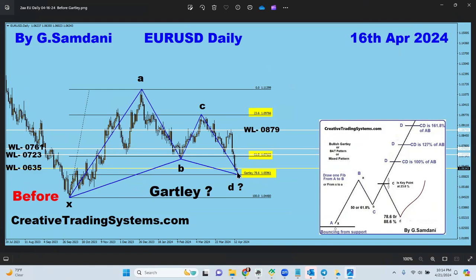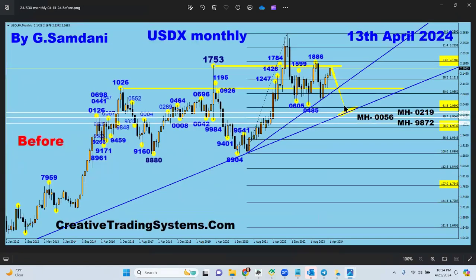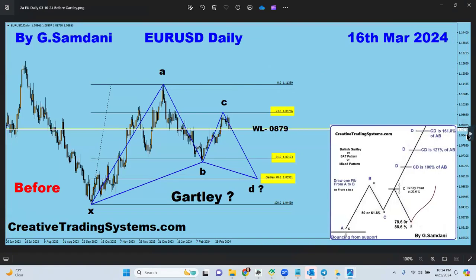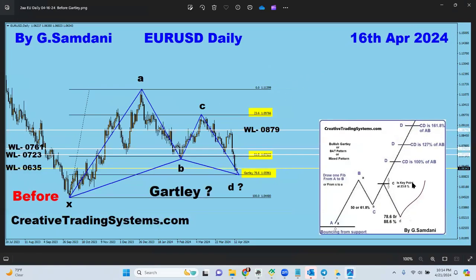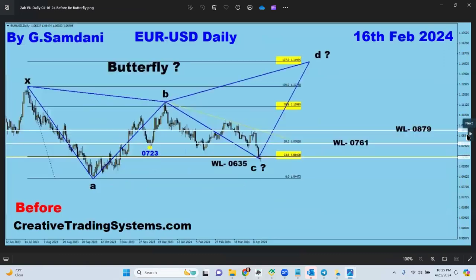Then I made this chart: if the US dollar starts to get weaker and drops, it's going to take this EUR-USD to the upside. This is one version. The second version, if you pull the fifth from here to here, is this. From here to here is the 78.6, then usually it goes to 127.